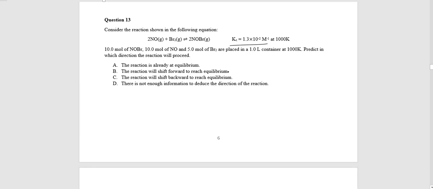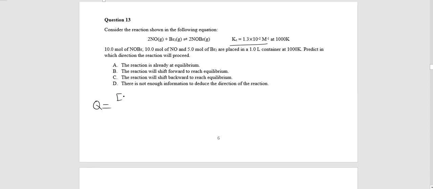Now, this is a classic K versus Q question. So you have a reaction mixture, but you don't know whether it is at equilibrium or not. So you're going to have to work out Q. And fortunately, the volume in this case is 1, so you don't have to do any complicated conversion or calculations. The number of moles will be identical to the concentration.